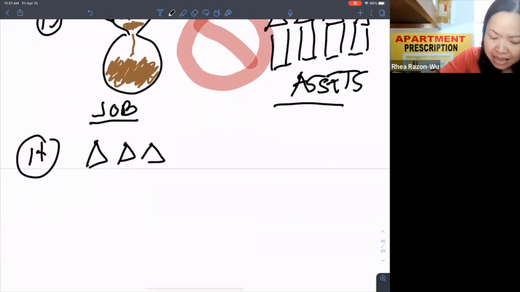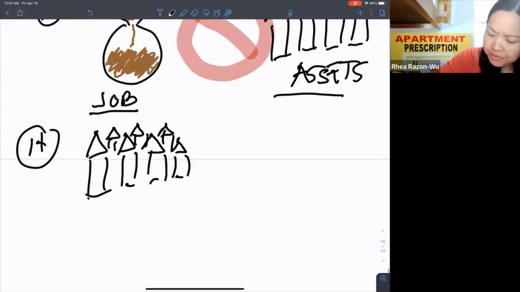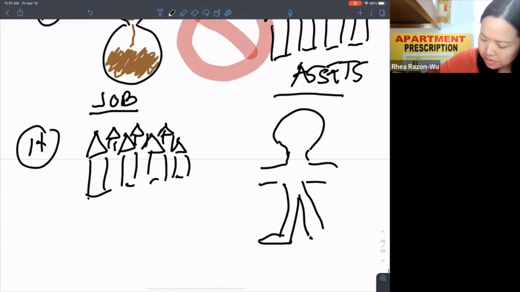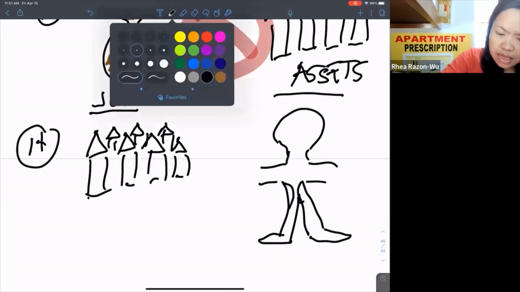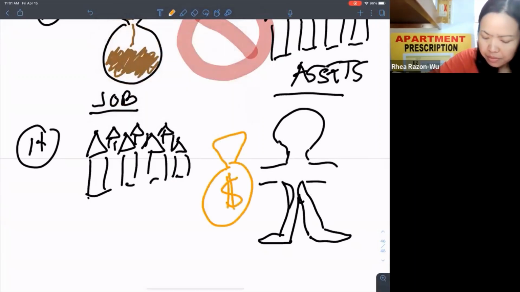Let me bring back the triangles. And I have a lot of triangles here with 4 sides. And I'm drawing my face, my neck, my arms, my legs, my shoes, and I have a pocket. And I have this big bag of money.